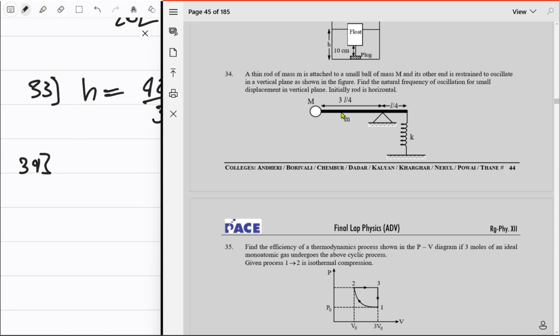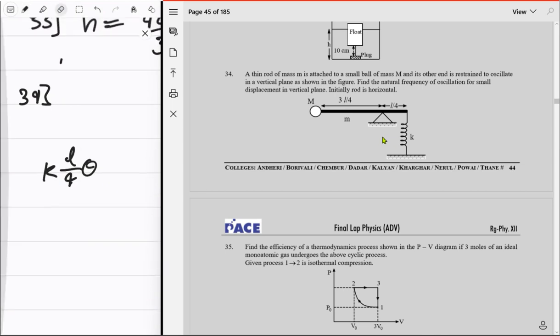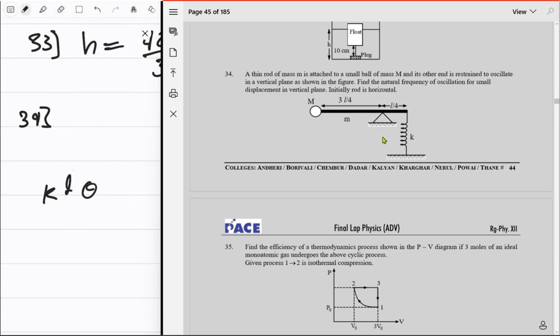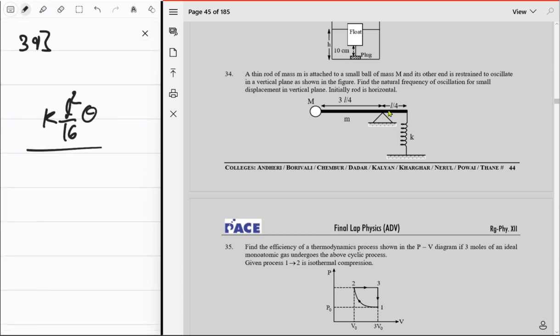Right, okay, so just mg and the already existing kx naught, those torques still cancel out, and all you have is the new force created by the push you gave downward, which is like, let's say you pushed by, I don't know, theta, right? Then l upon 4 theta times k, that's that force. So then l upon 4 squared, like l squared upon 16, right? Okay, so this is the torque, I guess, about this point divided by the inertia.